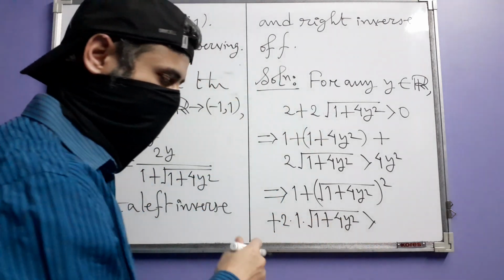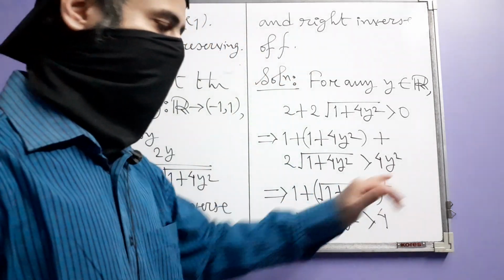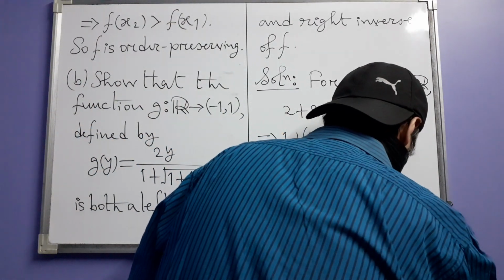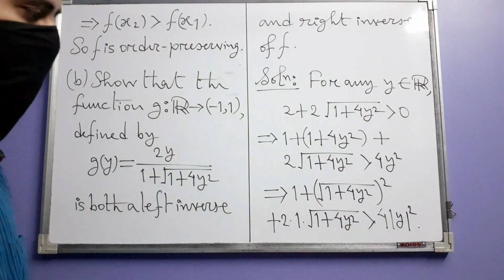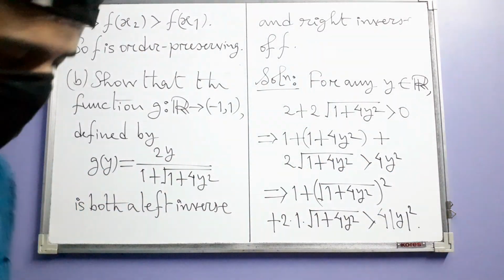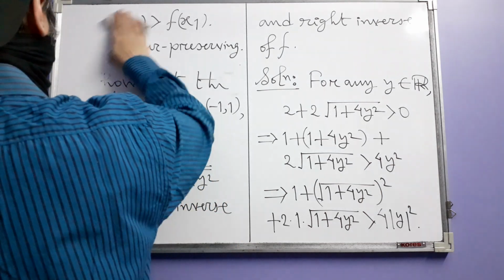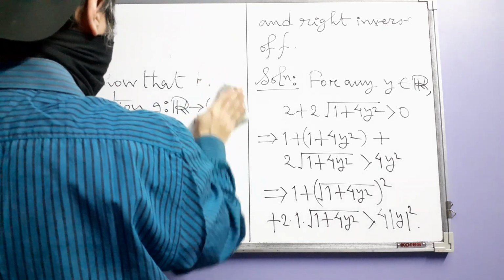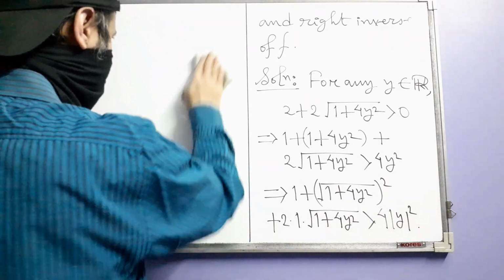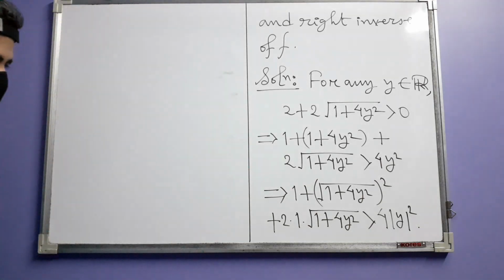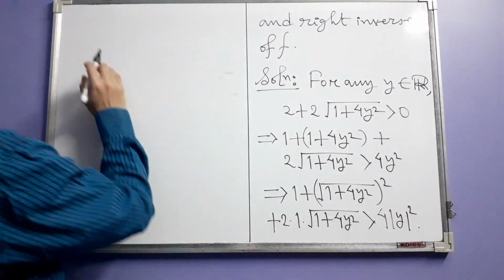That means we are creating a perfect square. That's what it is. Now in place of y you can of course write mod y because there is a square. Okay. So the left hand side is now a perfect square expression.